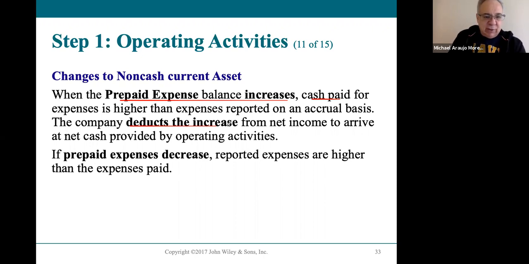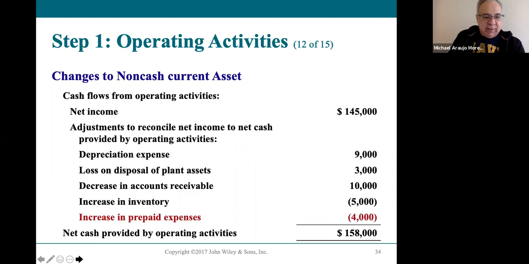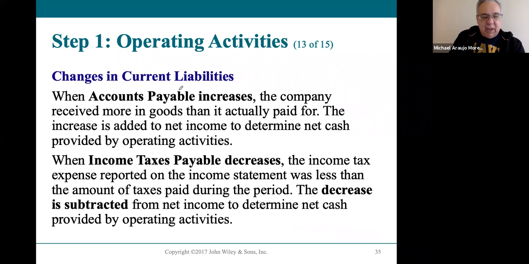So that's a use of cash taken away. Okay. The opposite is true if it went down. So in this case, we had more prepaid expenses, which means we have to use cash for it. So that cash is reflected here as going out. Now we turn to current liabilities, and we do the same analysis here.